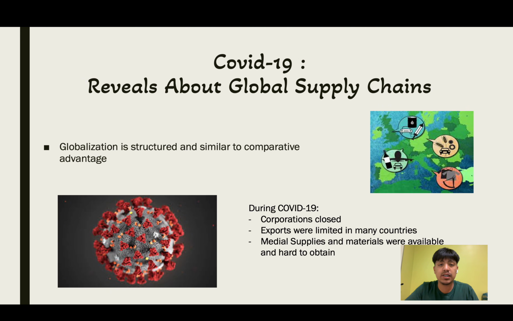First of all, this first slide is titled COVID-19 and what it reveals about global supply chains. To get started, globalization is structured similar to comparative advantage. It basically follows the same concept. This is when countries produce not just one item but a variety.